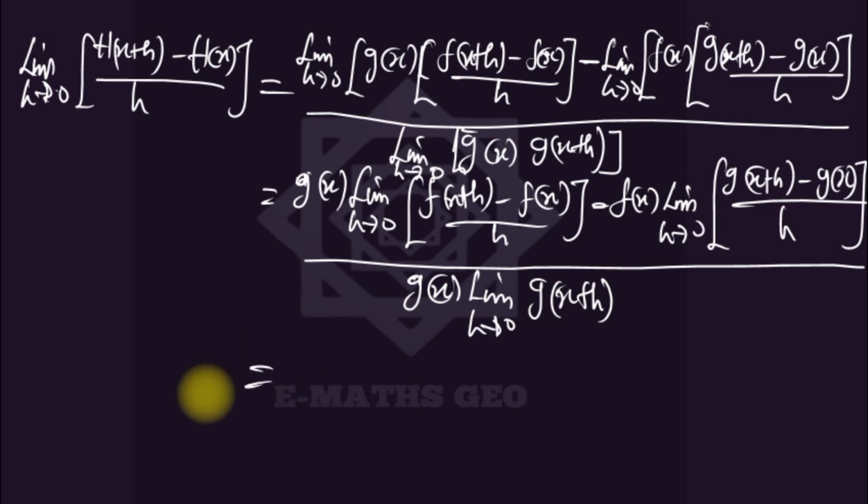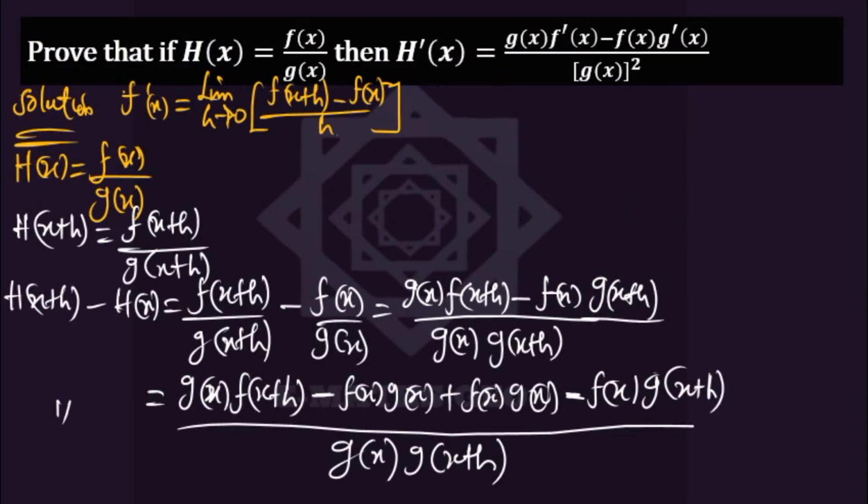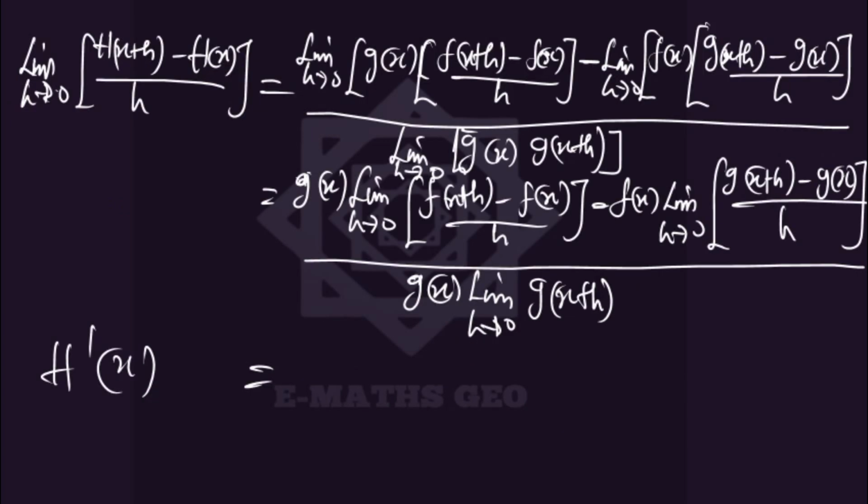So what do you have to say? This is now h prime x. That's the derivative from the definition. As you can see from what I wrote before, from the definition, do you see? So everything here is now prime. So we'll compare. We still have that same thing here.